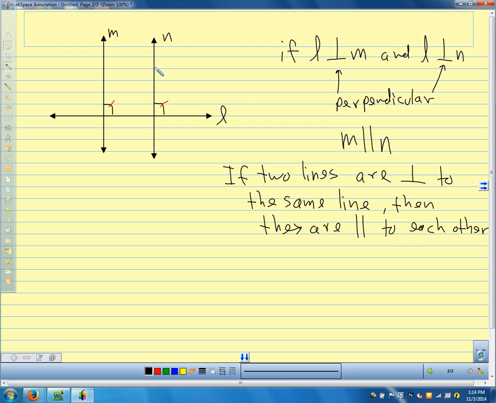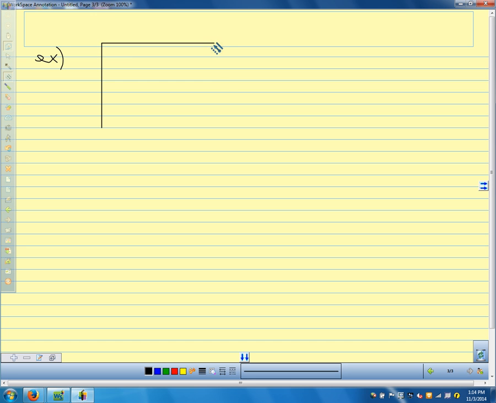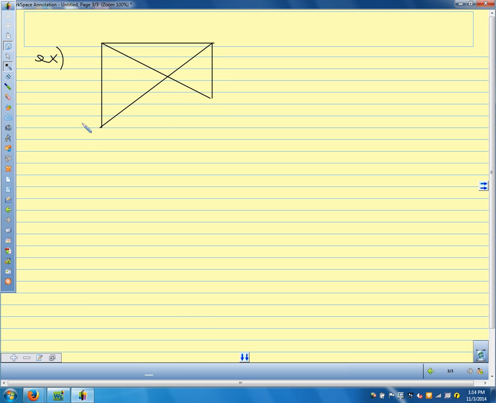All right, last thing I want to do is just a couple of examples using these ideas. I want to draw a picture here. And we're going to label some information, and we want to see what we can figure out. So I'm going to call this A, B, C, D. And we're going to say this angle is 68 degrees.